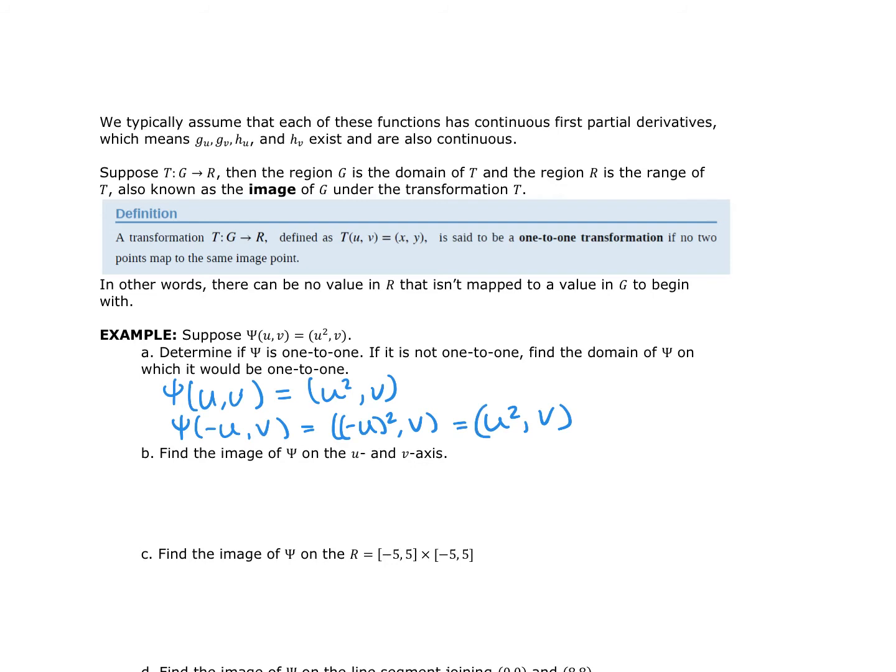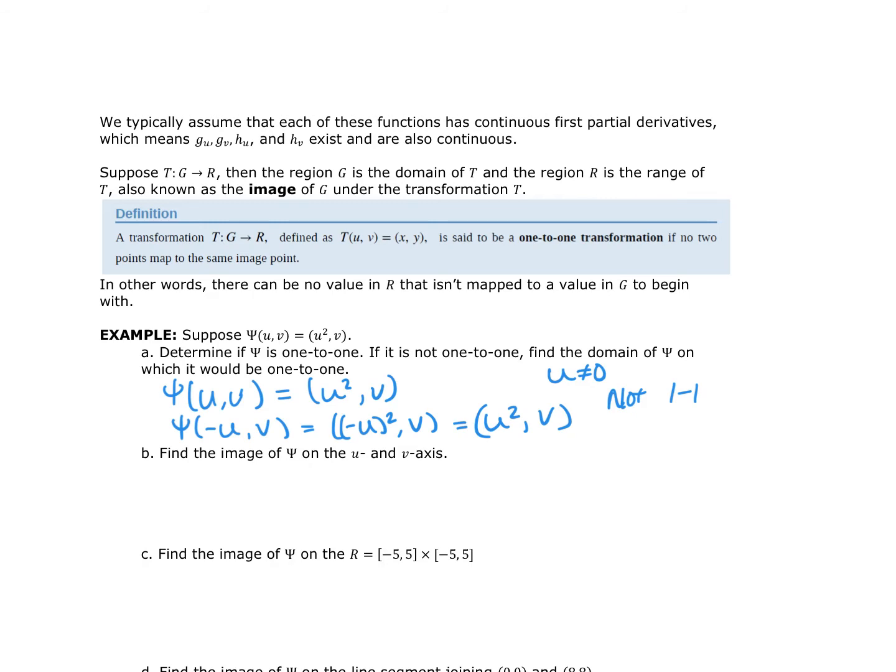And this is going to happen every time u is not equal to 0. So if I put in the point 1, 2, it's going to go to 1, 2. But if I put in negative 1, 2, it'll also go to 1, 2. So it's not one-to-one.